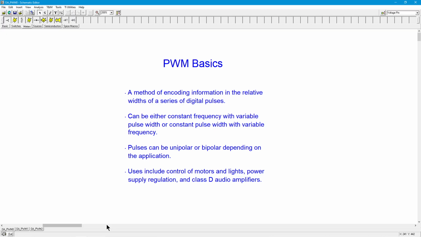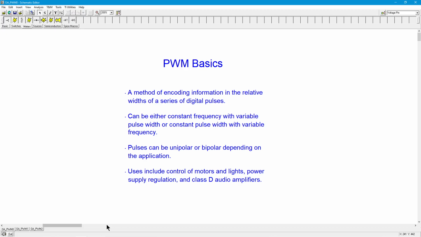There is a special case in here that I'm going to talk about toward the end, which is called a return to zero pulse. This is a special case, all right? In any case, what are some applications? Well, the unipolar type would typically be used with maybe controlling motor speed, or the intensity of a light, like an LED, for example.